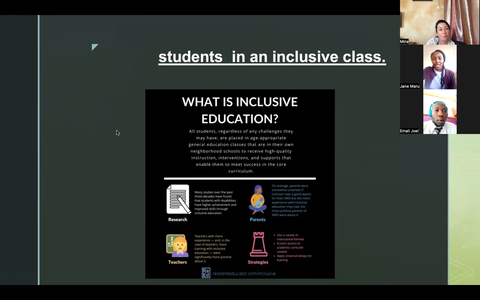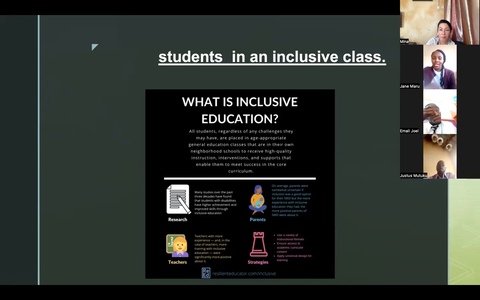As everyone has stated, inclusive education is where you have the institution having all learners, those who are able differently, and those who are not physically challenged.